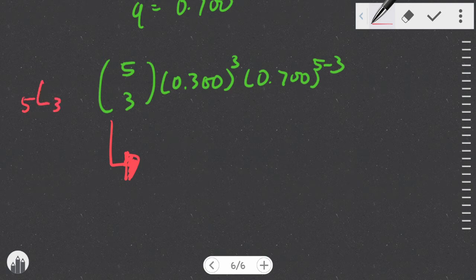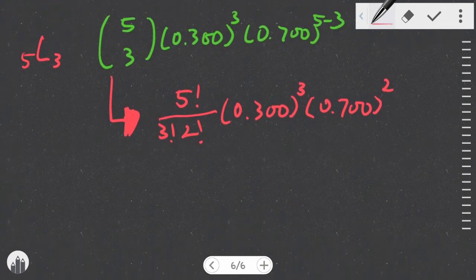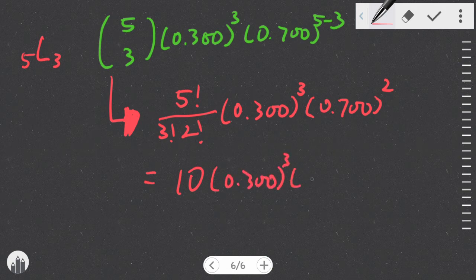It's now regarded as 5C3, which is 5 factorial over 3 factorial 2 factorial, times 0.300 to the third, times 0.700 squared. We simplify this, which equals 5 factorial over 3 factorial, which makes it 5 times 4 over 2 factorial. 5 times 4 is 20, over 2, which is 10. Now we need to figure out 0.300 cubed and 0.7 squared.